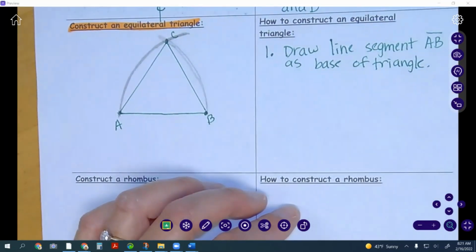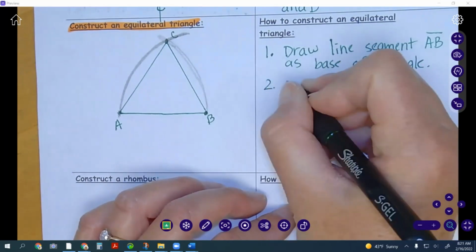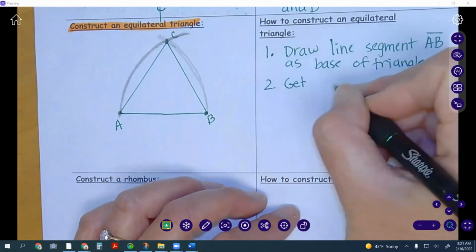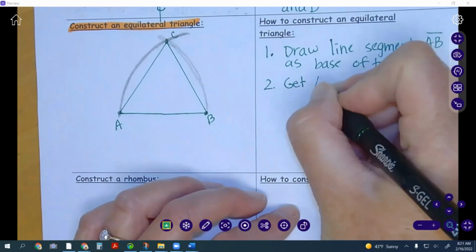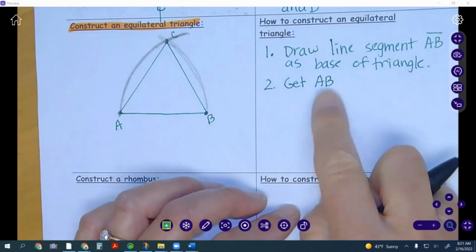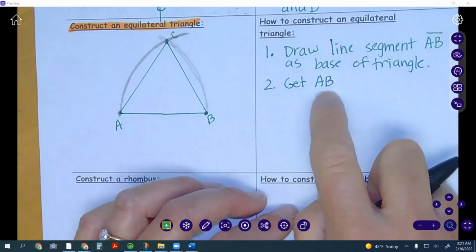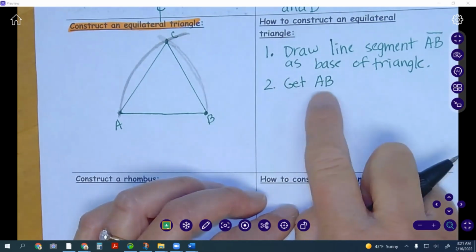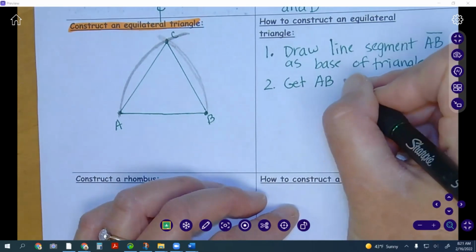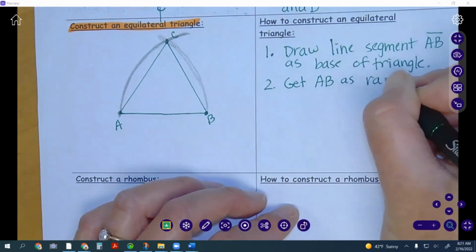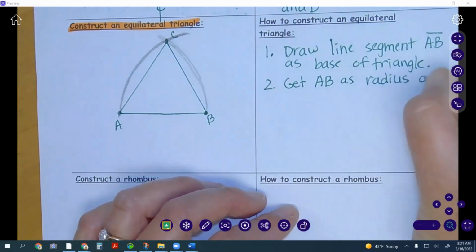Then what I'm going to do is get AB. Now, when I write AB without a line segment over it, this means length of AB, measure of AB, okay, the length of it. So I want to get the length of AB as radius of compass.